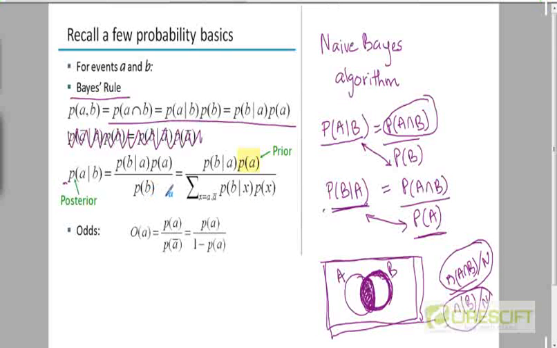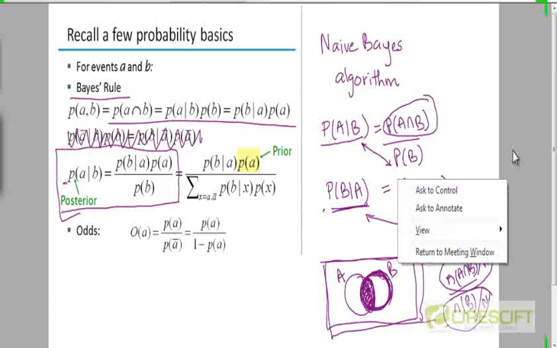Okay, so this is actually the more important way in which to represent Bayes' theorem. The denominator here, the probability of B, can be expressed as the probability of B given A times the probability of A plus the probability of B given the complement of A times the probability of the complement of A. Now actually this doesn't matter.